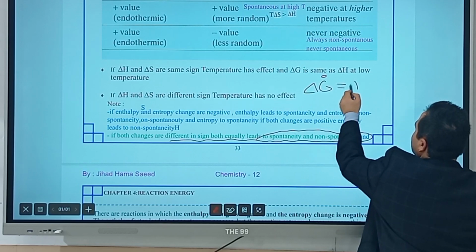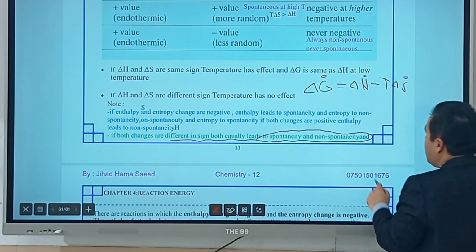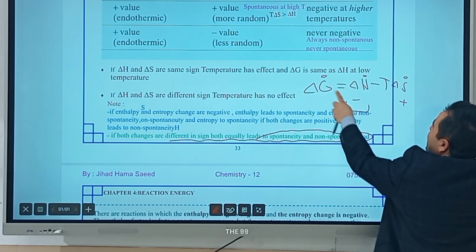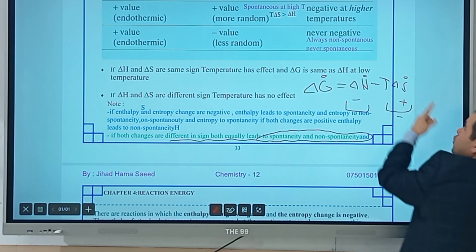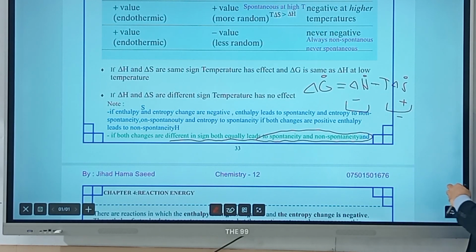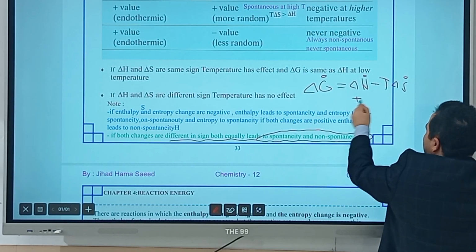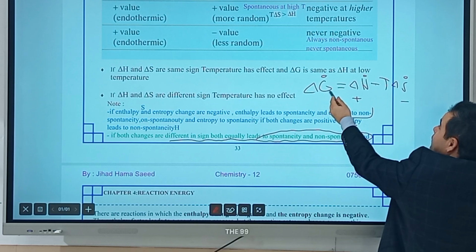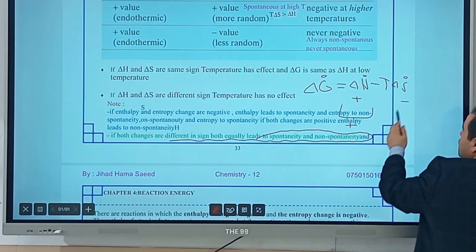Have a look. Delta G equals delta H minus T delta S. For example, negative, positive. According to enthalpy, it's spontaneous. Negative multiplied by positive is negative, according to entropy also spontaneous. Let me determine by positive and negative. According to enthalpy, positive delta H is non-spontaneous.